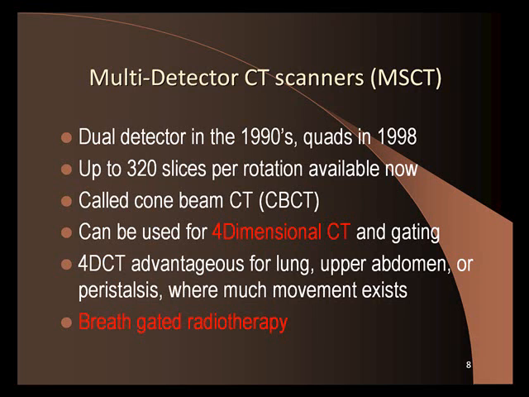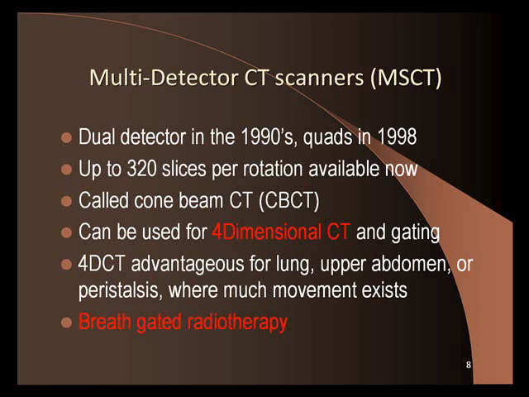Over the years, they found that they could do a much quicker scan if they could place more detectors in here. So they started placing two detector rows, 2, 4, 8, 16.